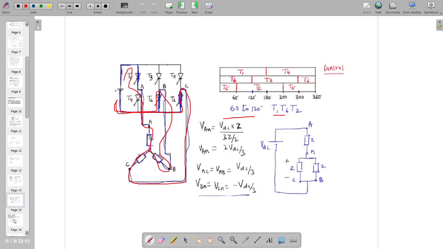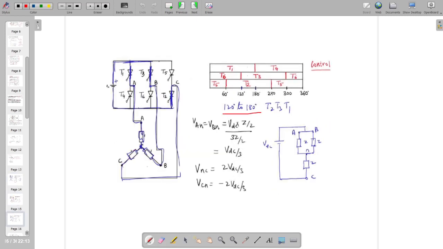In the third case we are considering the 120 to 180 degree mode. In this period, 120 to 180, T2, T3 as well as T1 are in the conduction mode: T1, T3 and T2.